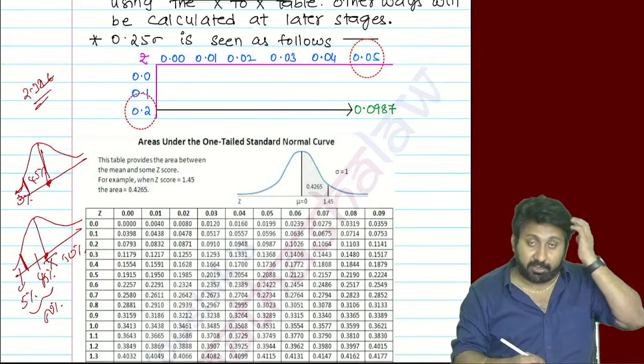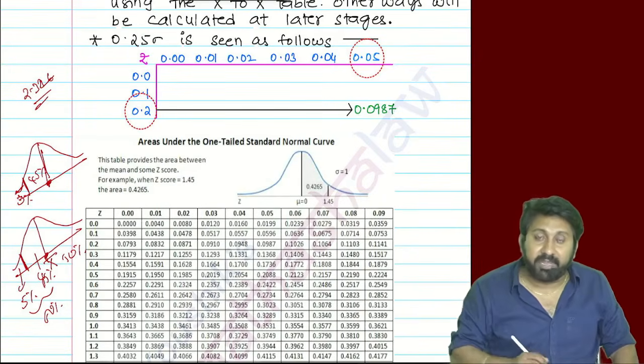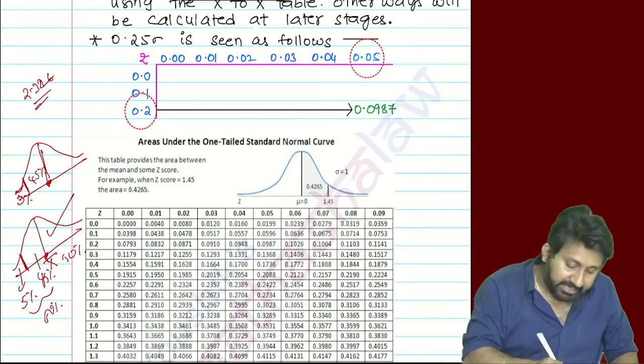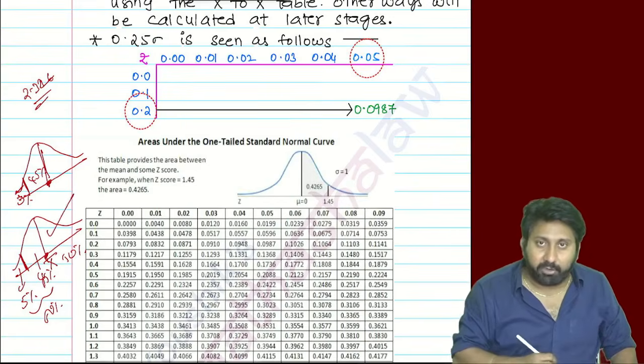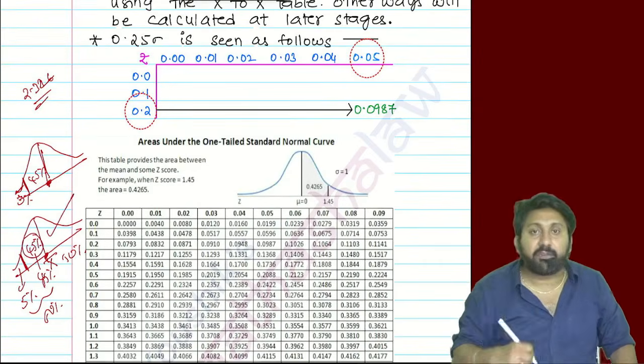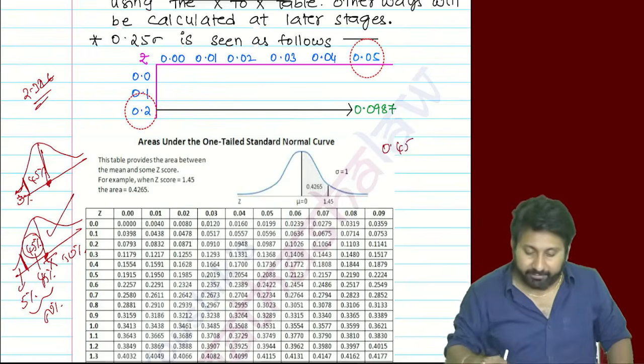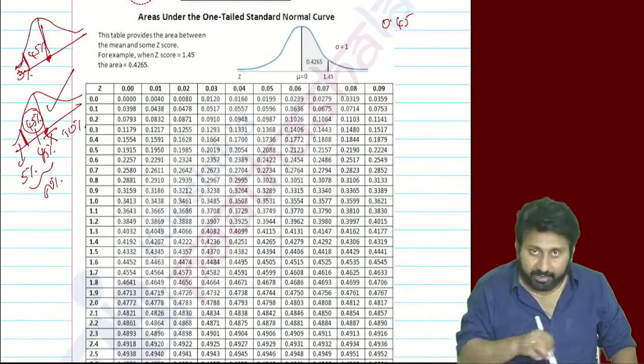Target number is how much? 95% confident. Okay, 95% confident means in that 95, the right side will take 50. So balance is how much? 45. So we want the Z value for 45% probability. 45 means 0.45. This is the mean to target table.